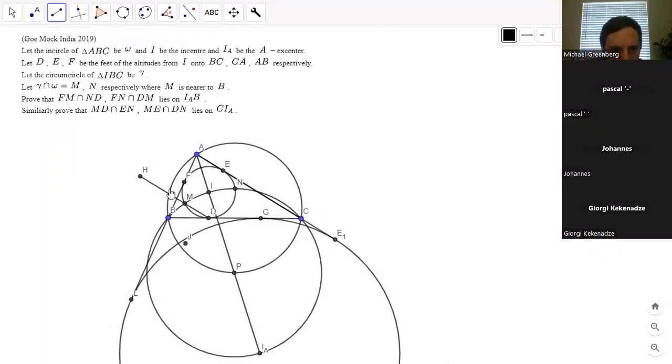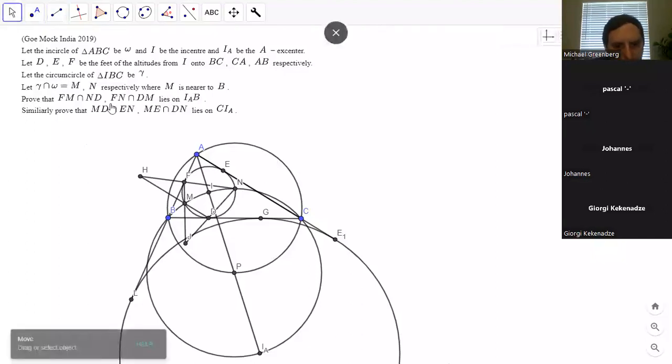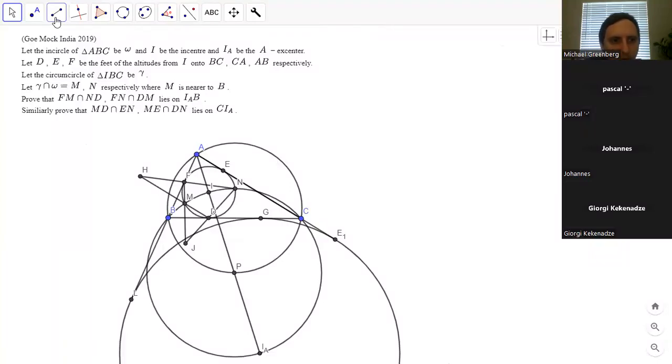So the fact that the two points and B are collinear, so H, J, and B, is pretty easy by Brocard's theorem. Because if we draw the intersection of FD with MN, we know that both H and J lie on the polar of it with respect to the incircle.